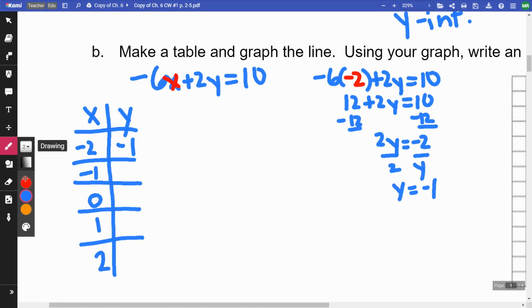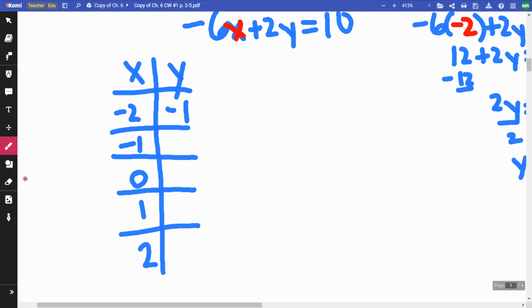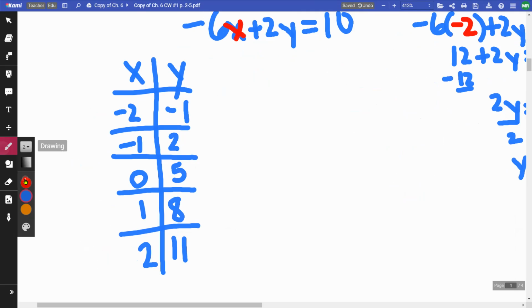So the answers that you should have gotten: for -1, you should have gotten a 2. For 0, you should have gotten a 5. For 1, you should have gotten an 8. And for 2, you should have gotten an 11. Okay, so again, we're doing the same thing. Let's do the 0.